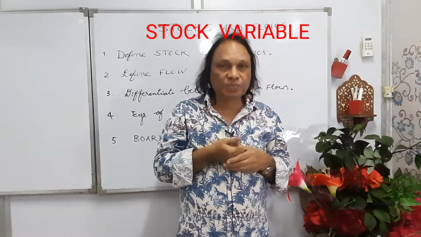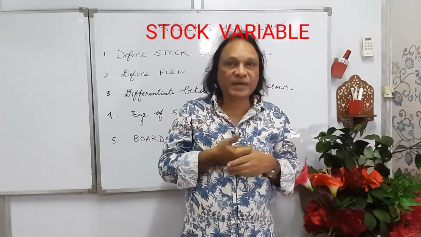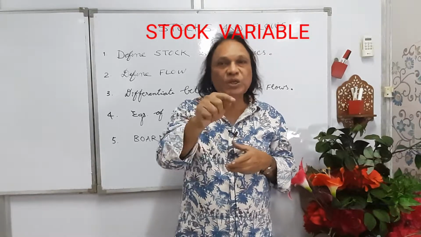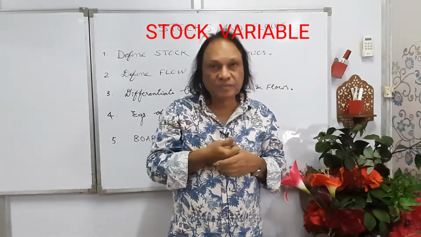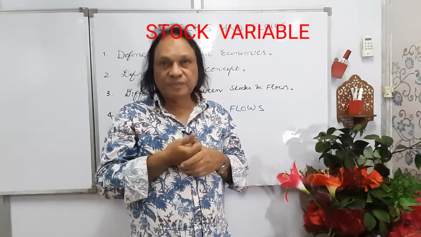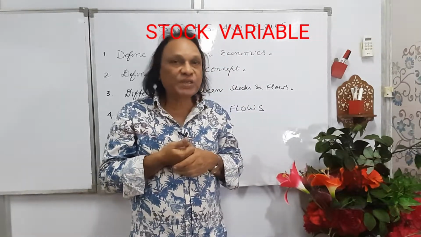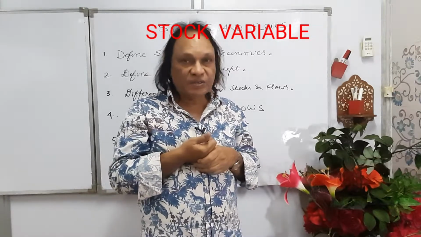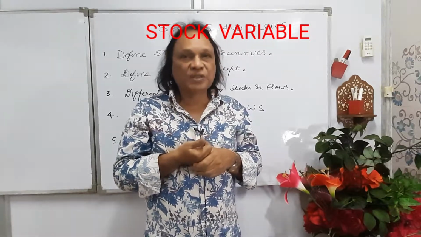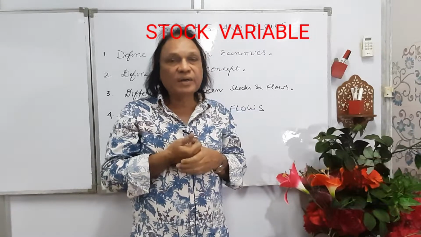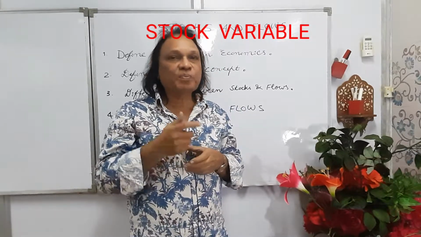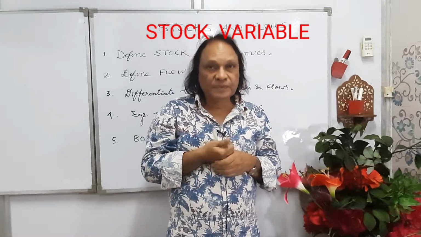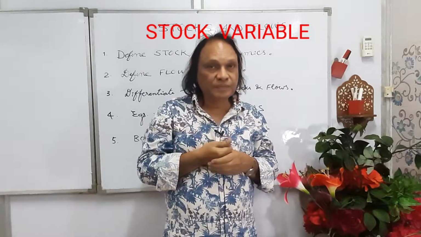That is stock concept. Let's try to understand with an example. How much money you have in your pocket right now, that is stock concept. How much money you have in your pocket maybe at 5 o'clock today is stock concept. Or how much money is there in your bank account as on today?